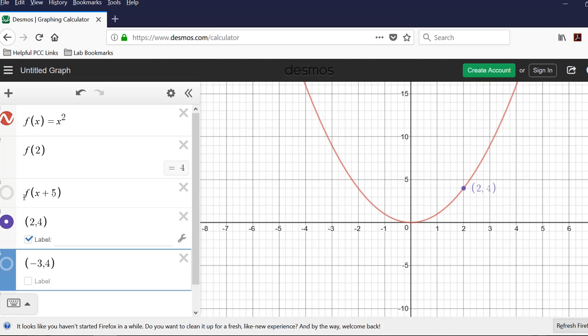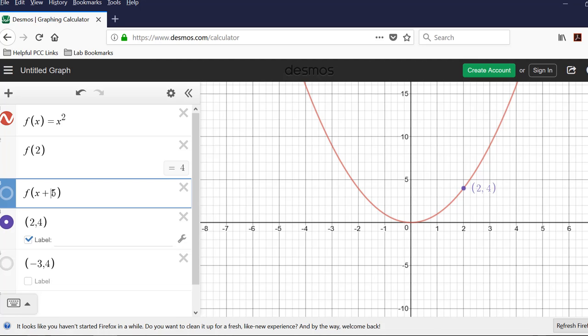So for example, if I come over here to this function, I'm going to transform it. I'm going to say 1 here. So when I graph it, what's happened? Well, you can think of this as f of x minus a negative 1, and it looks like the graph has shifted 1 unit to the left.